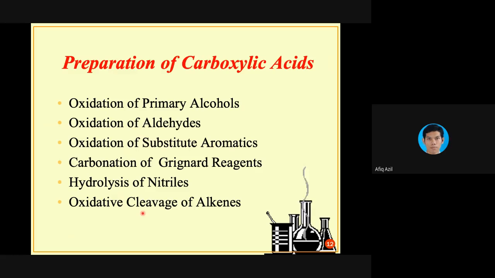So that is mainly for aromatic compounds. And then you can also do a carbonation of Grignard reagent. And then the last two will be hydrolysis of nitrile and the oxidative cleavage of alkenes. So we will see one by one the synthesis of carboxylic acid.